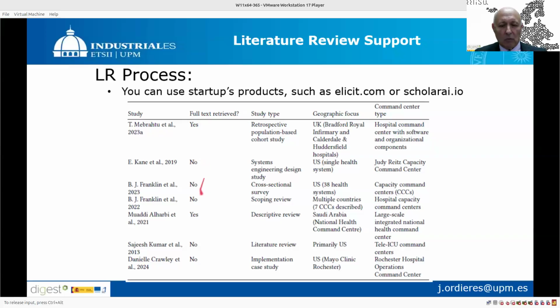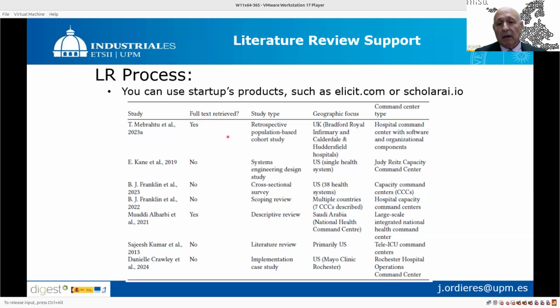As you see, there are some of them able to read and some of them not. Then they categorize according to the research question, what type of study, what the focus is, and what class of command center at the hospital the paper deals with.